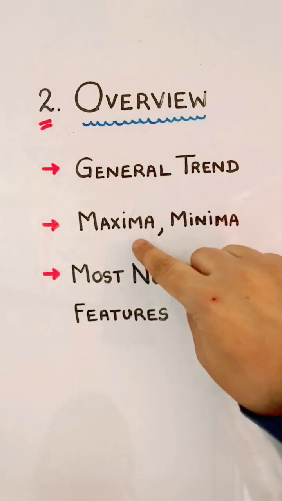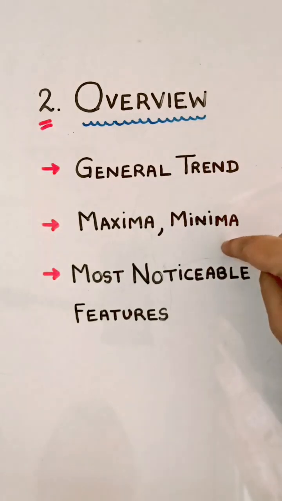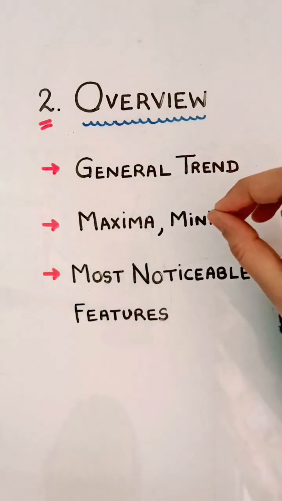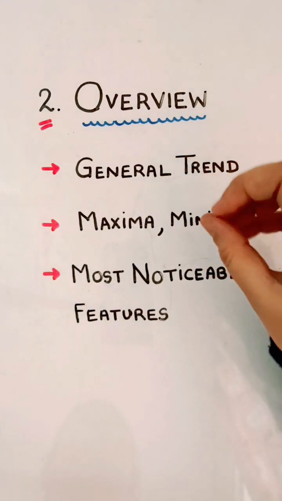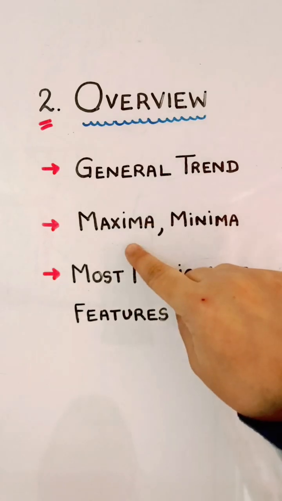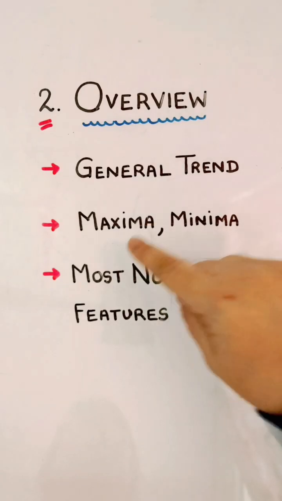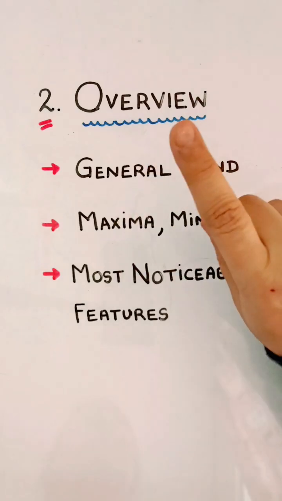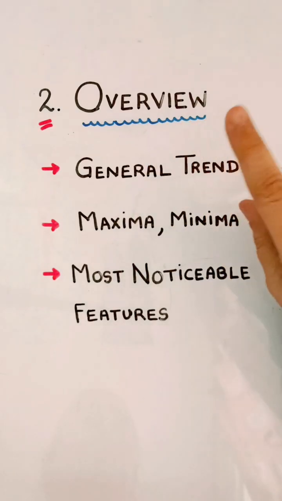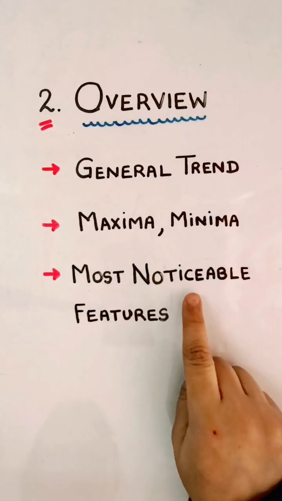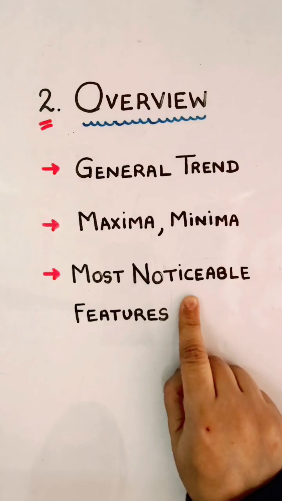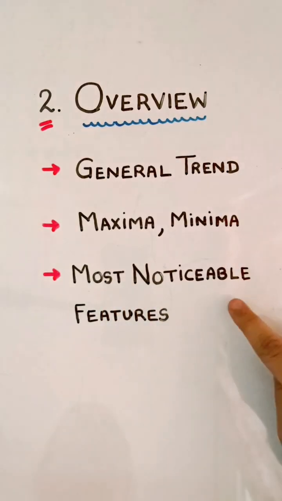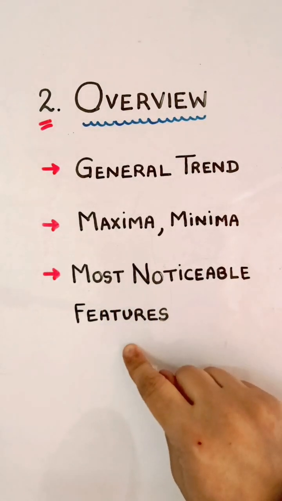Now what is this hint? Maxima and minima: at which point, which year, which level, what is the maximum value and what is the minimum value. That will make the second line of the second paragraph, right? And the last hint is the most noticeable features.